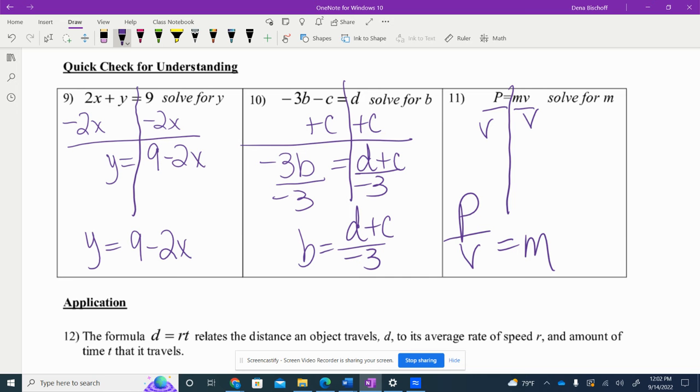And then the last one is p over v equals m. Is that it? No, this is paper, and these are the note packets for absent kiddos. They're up here somewhere. I have such a tiny desk that I lose everything.